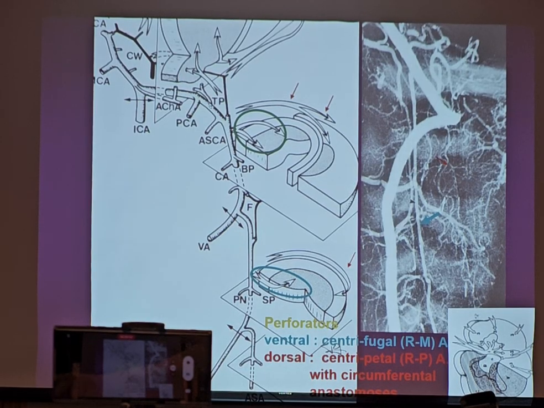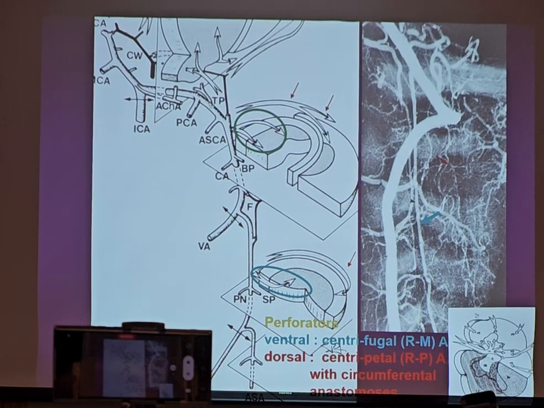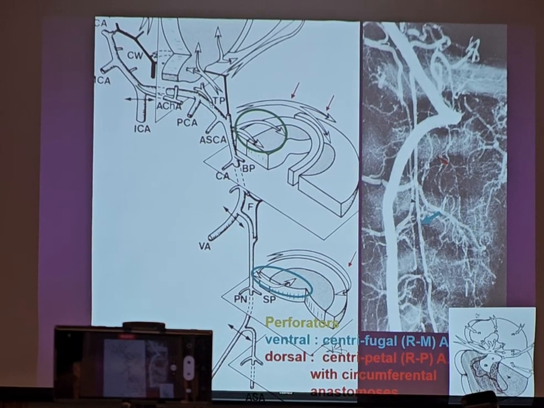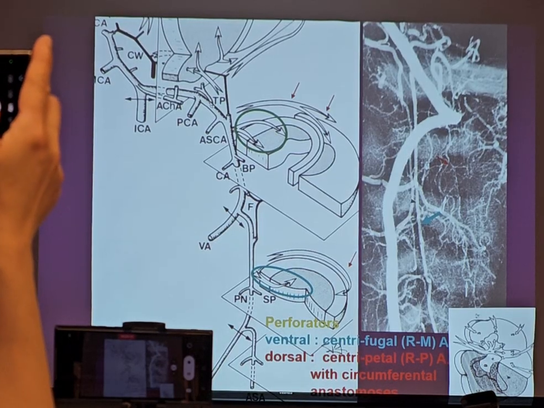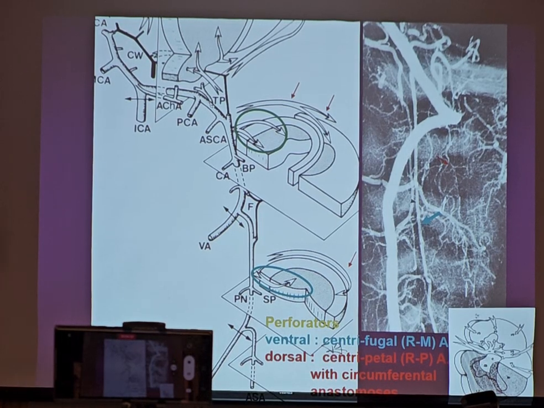And the dorsal system are mostly circumferential and give, from outside, the perforator supply to the more cortical part of the system, same as the craniovertebral junction, where you have the system in the ventral that supplies the more dominant perforators, and then some of the circumferential perforators come off dorsally.